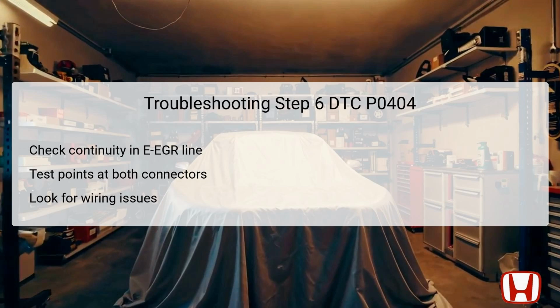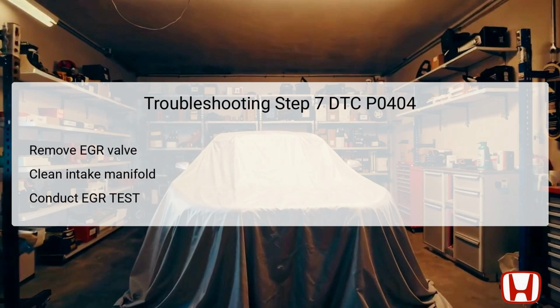Establishing continuity at these points indicates that the EEGR wire is functioning properly. If this is confirmed, the EEGR wire circuit can be deemed operational, allowing you to proceed to the final steps. Conversely, failure to establish continuity suggests an open circuit in the EEGR wire, requiring repair work to ensure functional integrity.